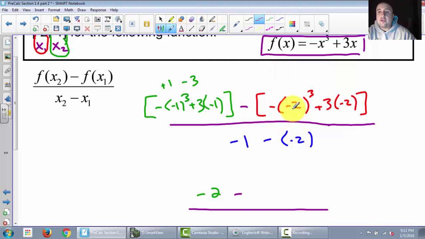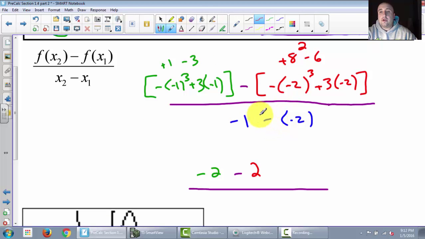Negative 2 cubed is negative 8. Negative 8 times negative 1 is positive 8. Then 3 times negative 2 is negative 6. So 8 minus 6 is 2, but it's minus 2. Then let's do the blue on the bottom. Minus is plus, so I have negative 1 plus 2, which is 1.